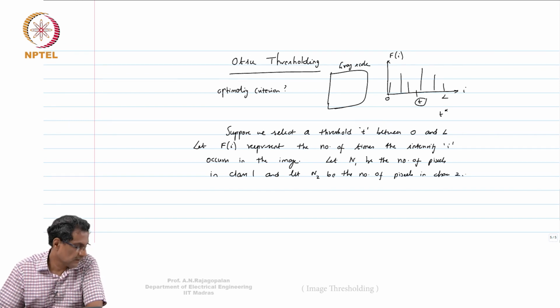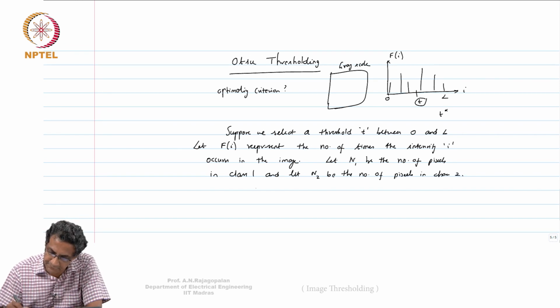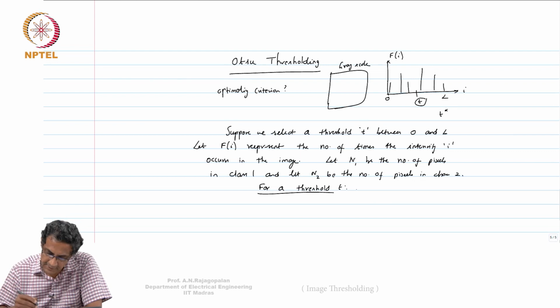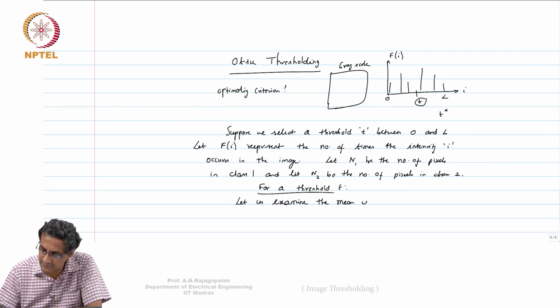Now, if you choose a threshold t, let us examine the mean and variance of both classes.